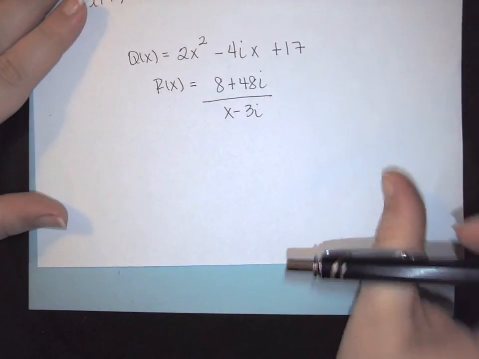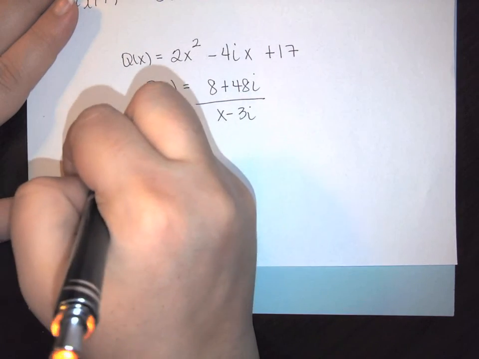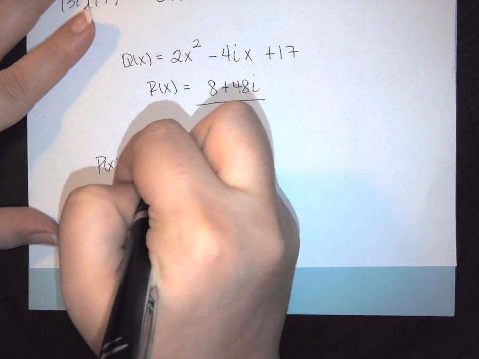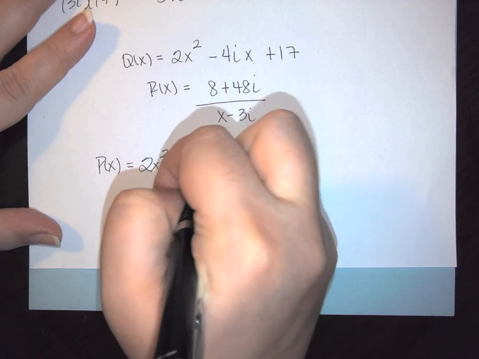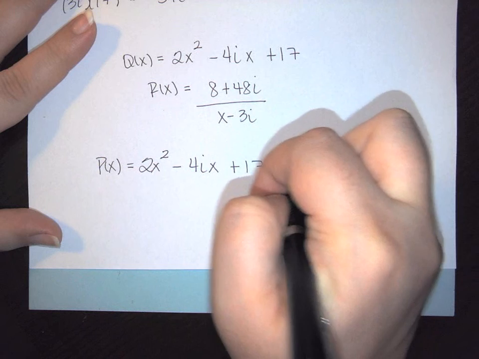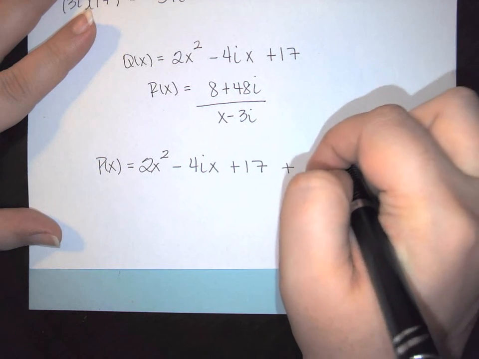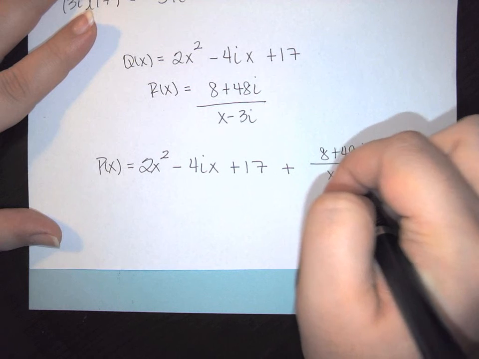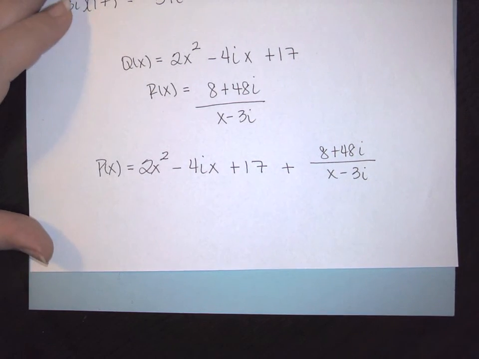So we can put it all together. Our polynomial would become 2x squared minus 4ix plus 17 plus our remainder, the 8 plus 48i all over x minus 3i.